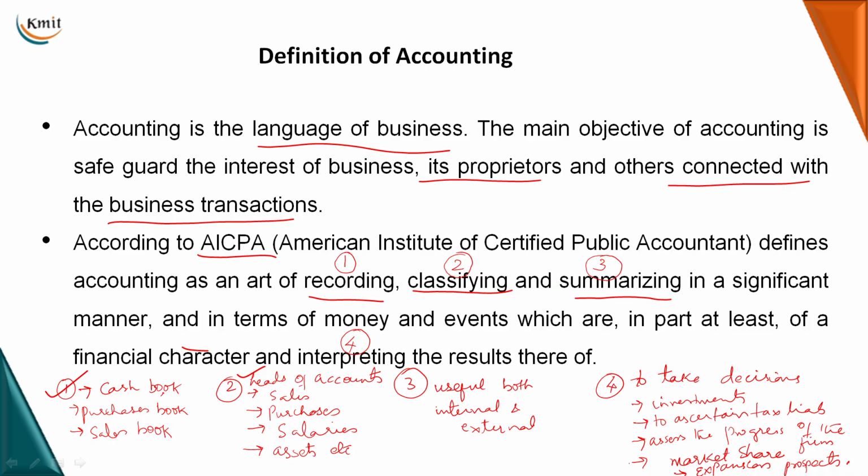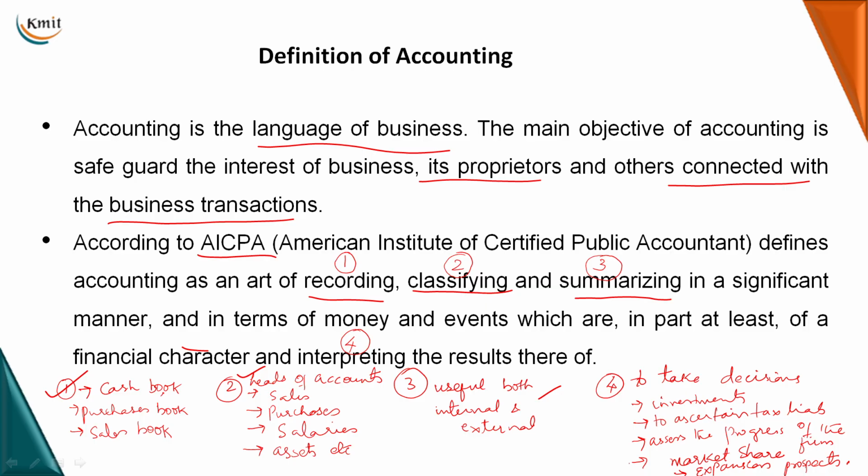And the art of summarizing in a significant manner is to present classified data in such a way that they are useful for the business both internally and externally, so that they can take appropriate decisions.